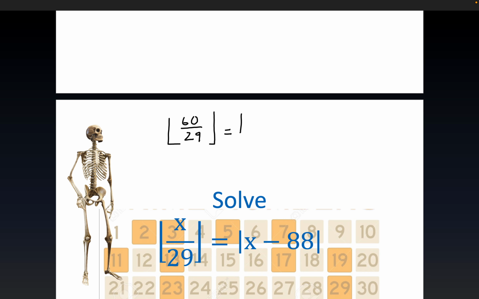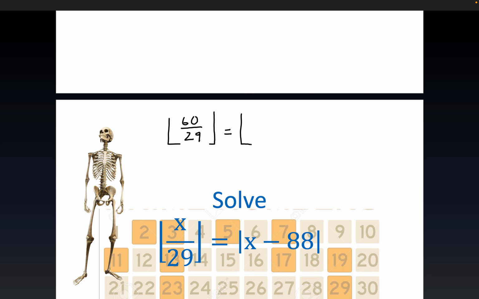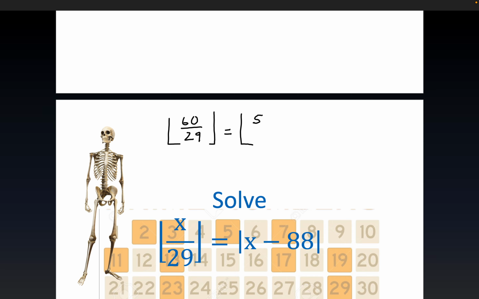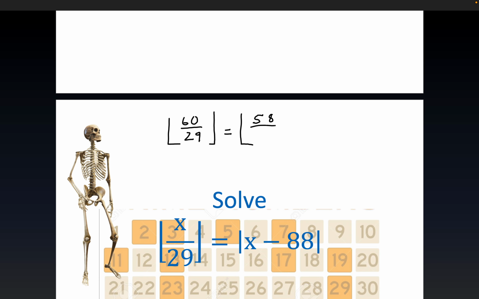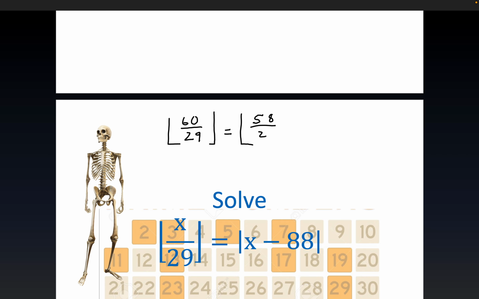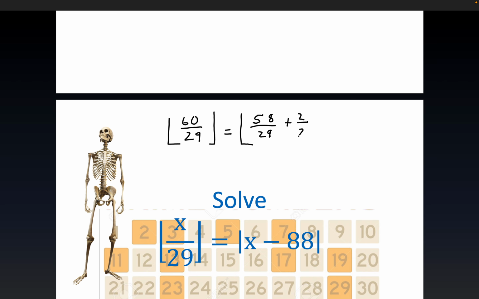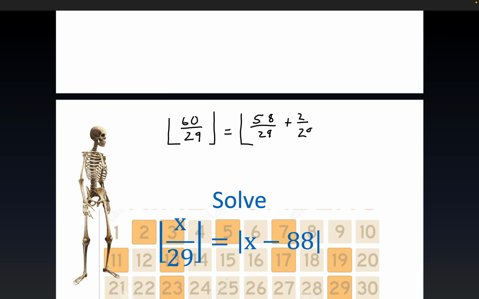Now let's break this down a little bit. This is the same thing as 58 over 29 plus 2 over 29. Okay, so this fractional part just kind of vaporizes.